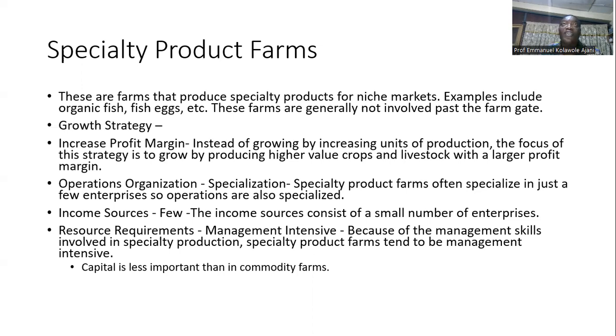There is a lot of skill in producing organic products. You need to have the skill on how to rear sturgeon fish, so that you get good quality eggs. So this kind of production is management intensive. It is not capital intensive compared to that of a commodity farm.